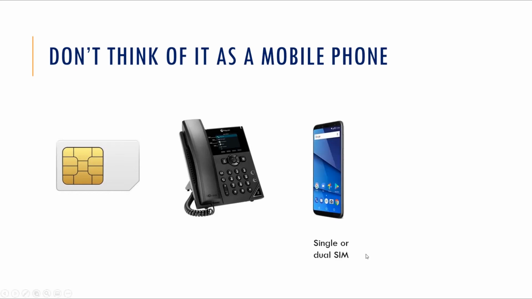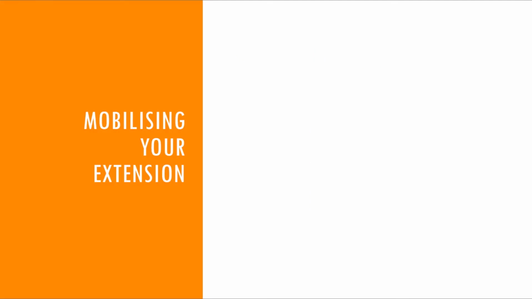It goes anywhere in a package that either looks like this, a smartphone, and that could be a single SIM smartphone or a dual SIM smartphone if you're incorporating some sort of bring your own device element into your clients' businesses. Or it can go into one of these. So something very simple, something very low tech, something perhaps without a camera in it, which may be a requirement for some of the solutions that we talk about during the course of this afternoon.